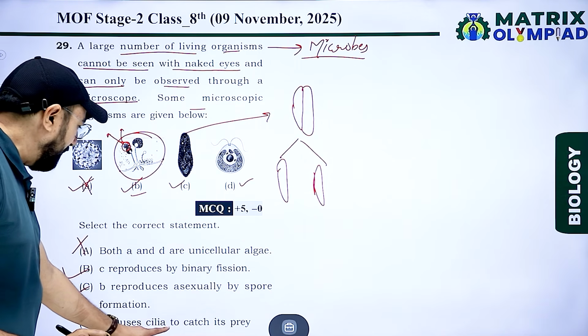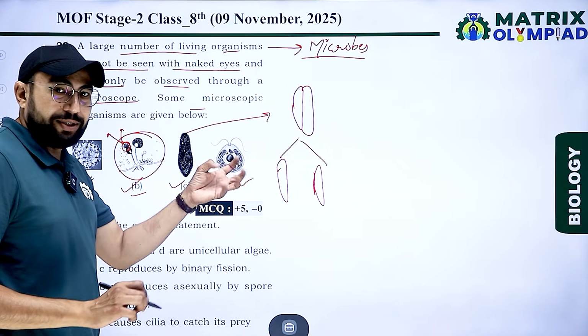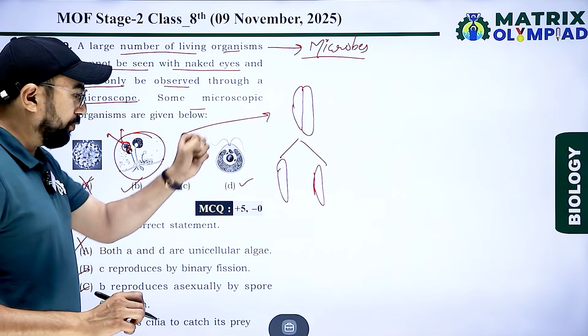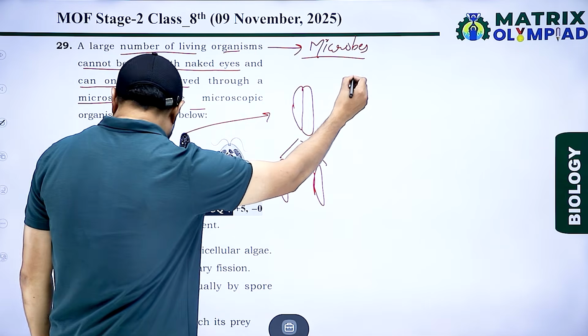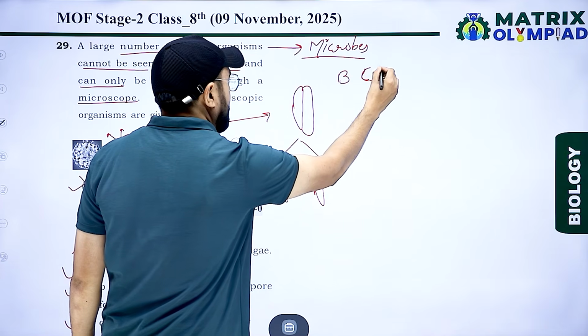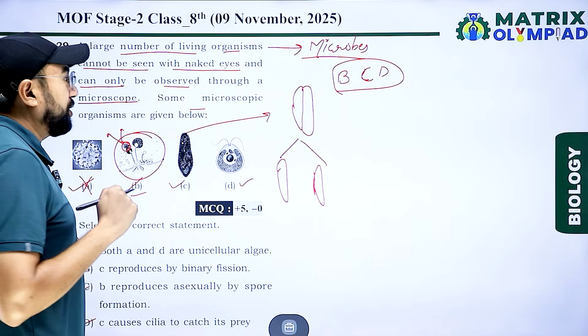C, paramecium uses cilia to catch its prey, their food. So option D is right. According to this, B, C and D options are right for this question.